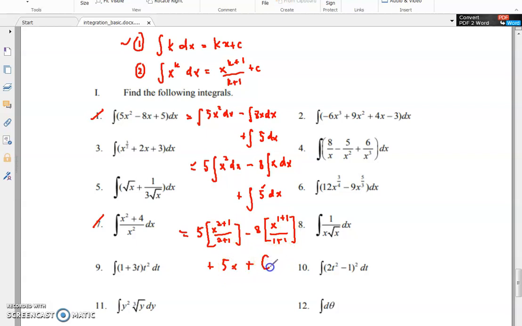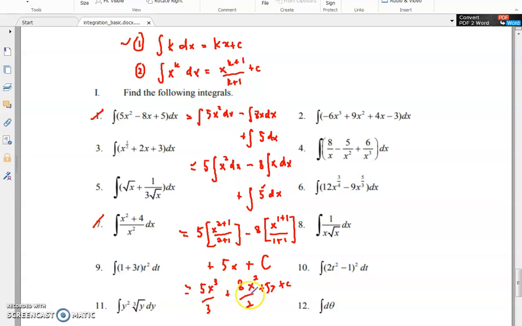You just need to make it one big C. So you are going to get, let us simplify here, 5x to the power of 3 over 3, plus 8x, 1 plus 1 is 2, over 2, plus 5x plus c.